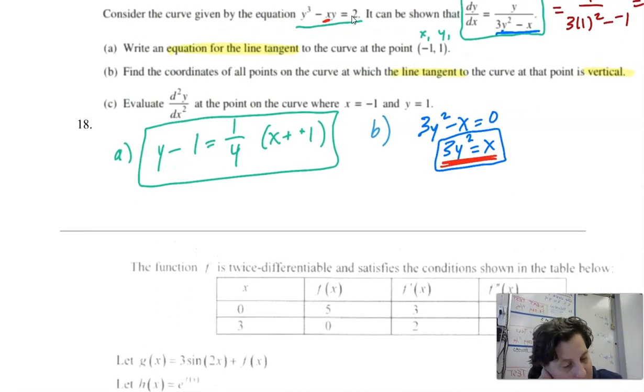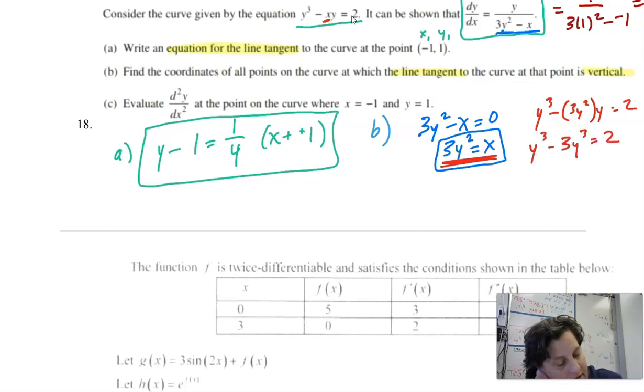So this is y to the third minus 3y squared, that's what I'm putting in for x, times y equals 2. Y to the third minus 3y to the third equals 2. Well, 1y to the third minus 3y to the third is negative 2y to the third.